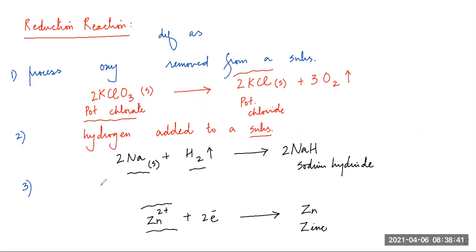So the third possibility of a reduction reaction is a process in which electrons are added to a substance, or as another student says, a process in which a substance gains electrons, right? Beautiful. So these are the examples of oxidation and reduction reactions.